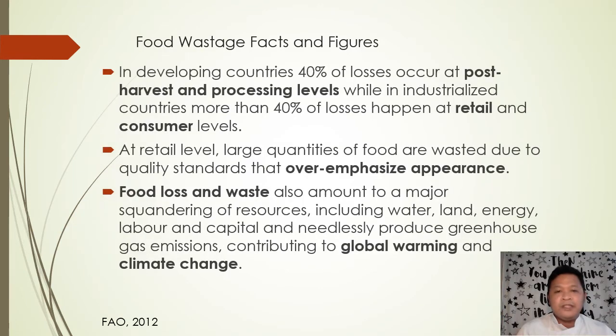So we saw in the figures earlier that depending on whether you're a developing or developed country, kung saan ang gagaling yung losses mo. Okay? In developing countries, post-harvest and processing has around 40% losses, while in the industrial countries, 40% happens at the retail and consumer level.